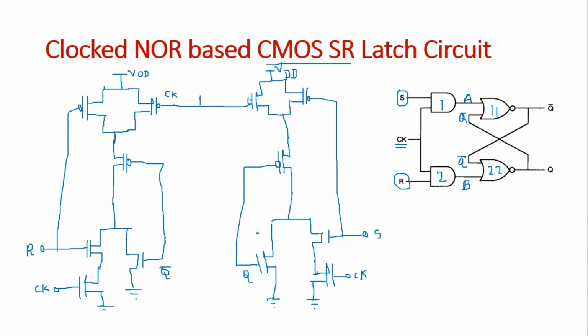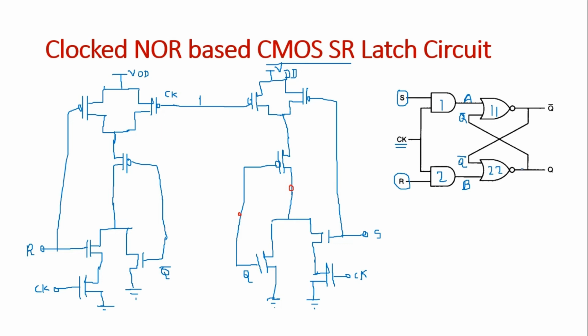We have almost completed the CMOS SR Latch circuit. We have already drawn the connection for the AND gate, NOR gate. Similarly here also AND gate and NOR gate, but the last cross couple connection remains. For cross couple connection, we have one point, that is Q over here.